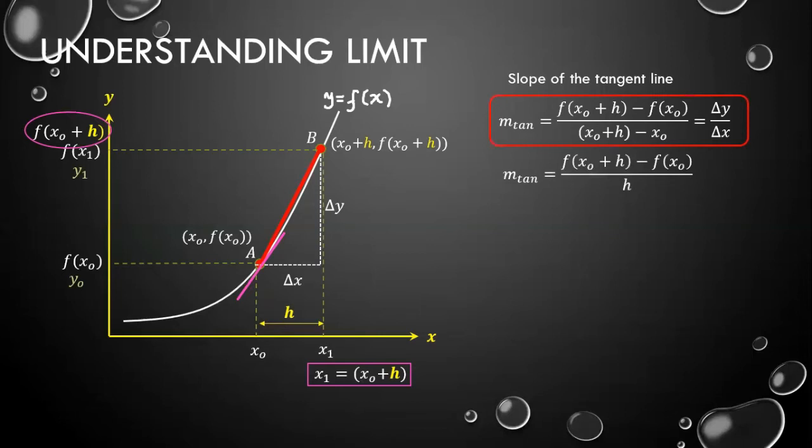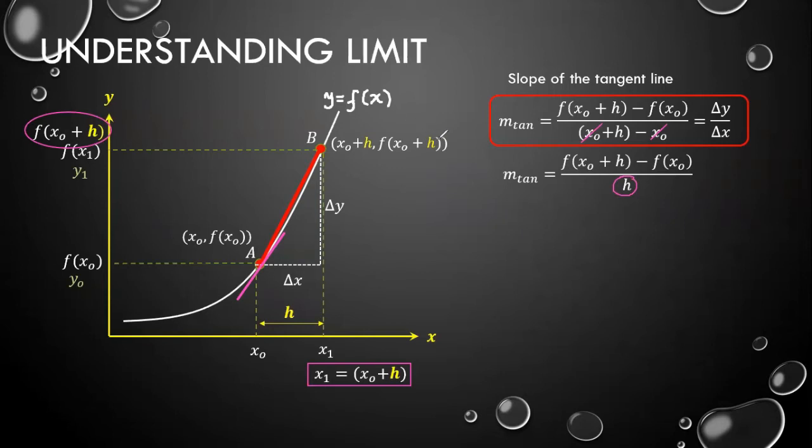We can simplify: x0 and x0 cancel, so the denominator is h. So m tangent equals f(x0 plus h) minus f(x0) over h.